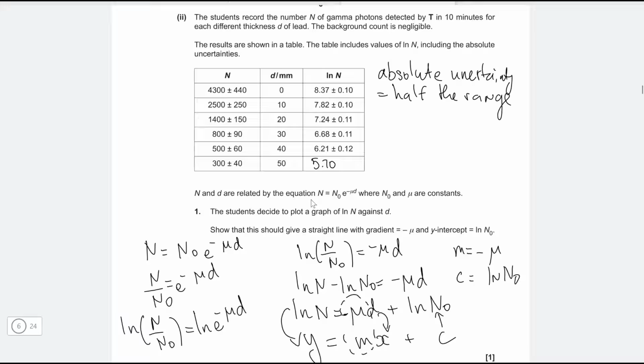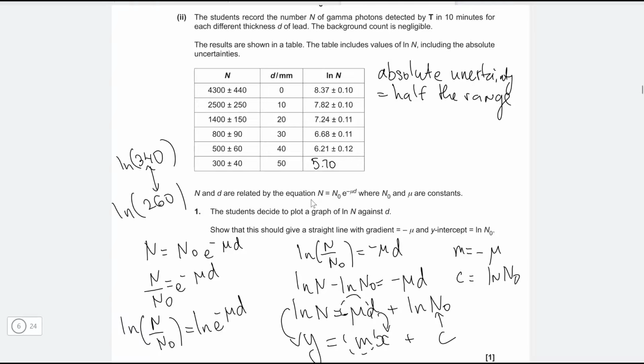Now because my value of N is 300 plus or minus 40, it could be anywhere between 340, or at the lower end 300 minus 40, which is 260. So our range is going to be between the natural log of those two values.